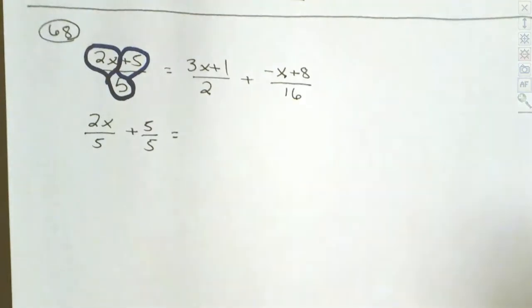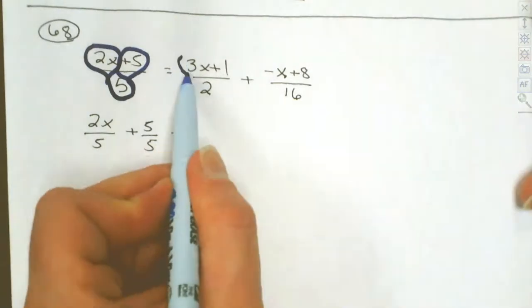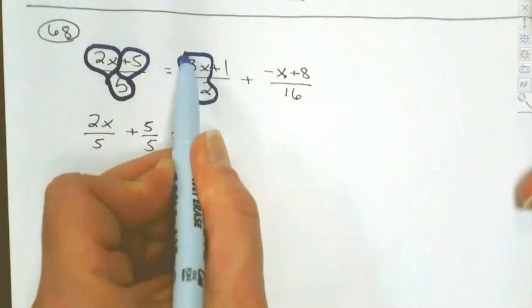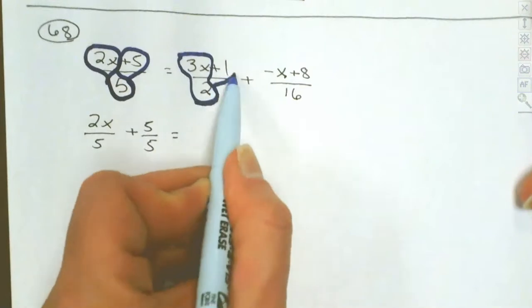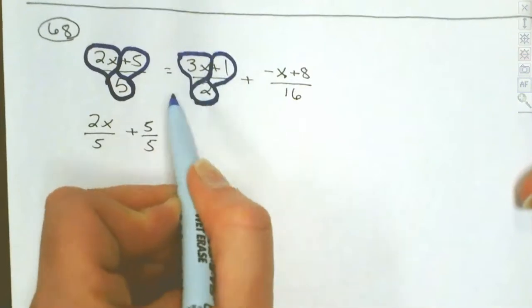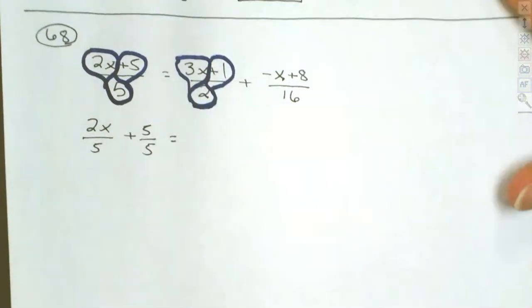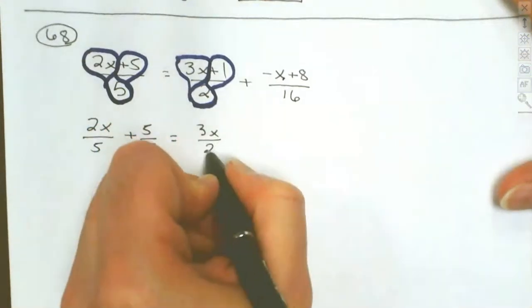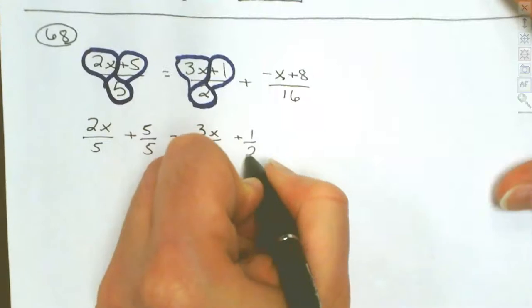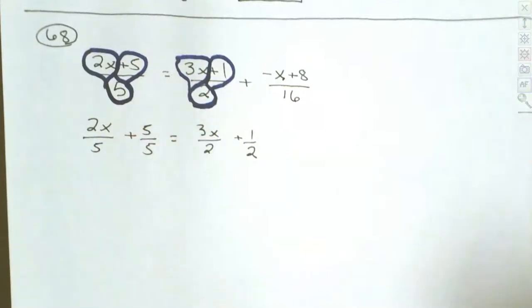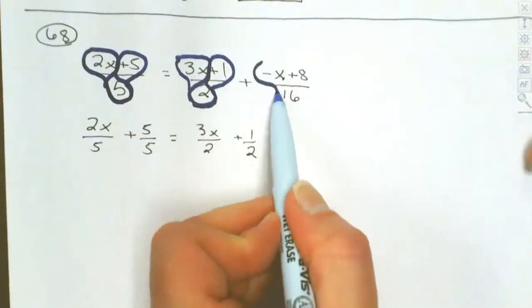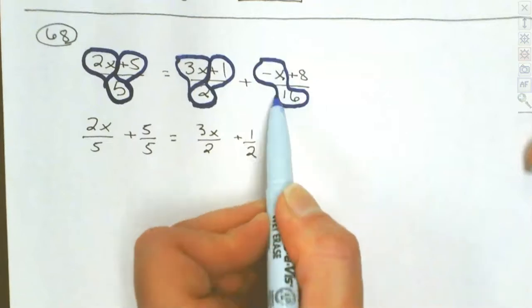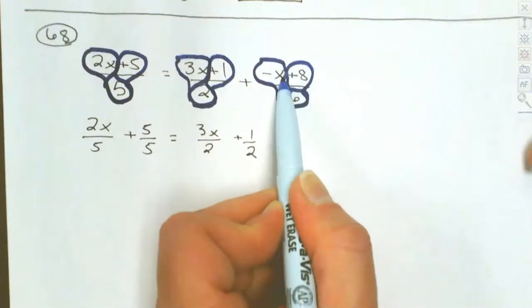What about the next two pieces? We've got that 3x over 2 and that 1 over 2. So that's going to make it 3x over 2 plus 1 over 2. And now we need our last two, which are here.